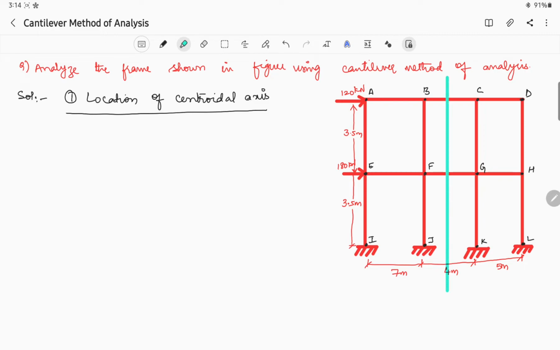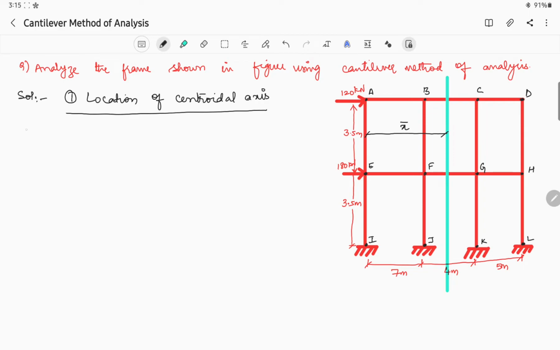Okay, let this be the centroid, and the distance between the centroid and column AEI be x bar. Okay, this distance be the distance of centroid.